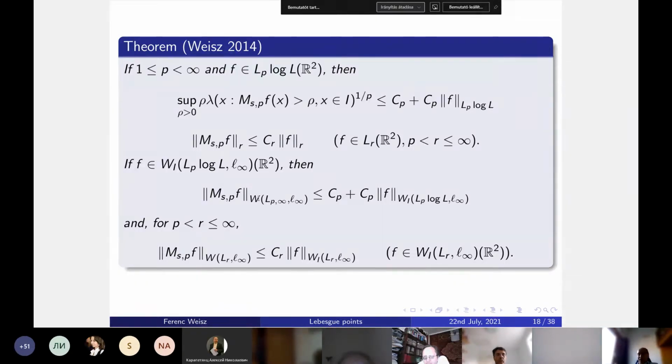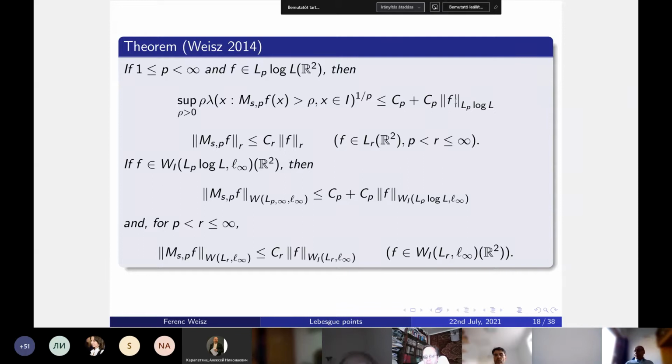We have also a weak type result. We take on the left-hand side the weak L^p L^infinity norm, as before for the operator M_p. And this can be estimated on the right-hand side by the iterated L^p log L infinity norm of f plus a constant.